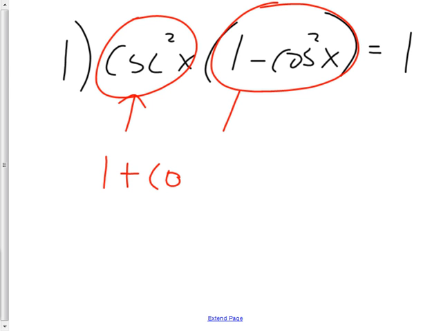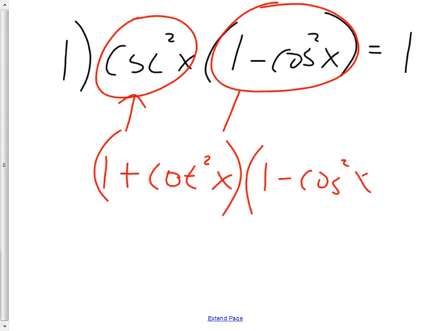The one with the coat is cozy. Yes, good. Times 1 minus cosine squared x. Can you make this work from there? And then wouldn't it be 1 plus cosine squared over sine squared, or just cosine over sine? You could change this right here into cotangent is cosine over sine. It's going to work, it's just going to take you longer to get there.